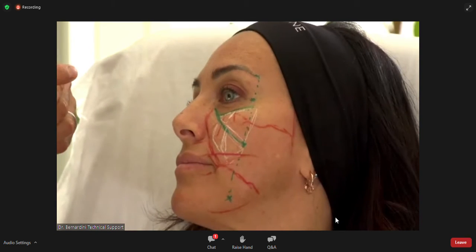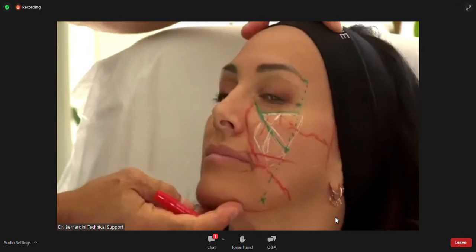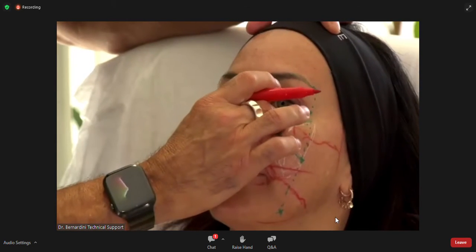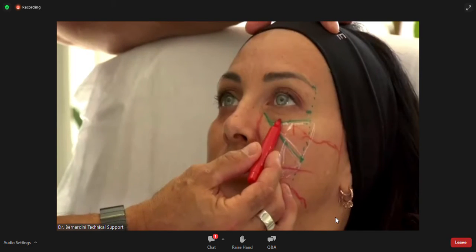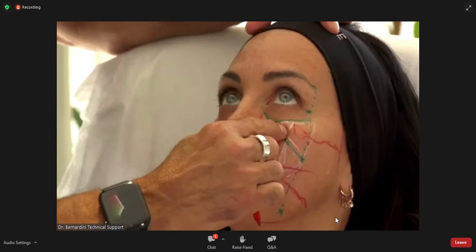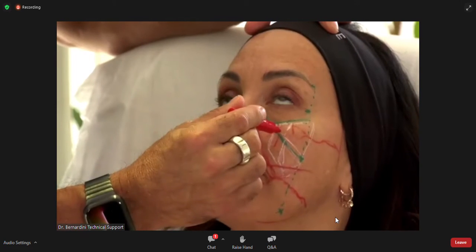Other arteries that we mentioned during the lecture: the infraorbital artery comes off 1 centimeter or 0.7 at the mid-pupillary line here. So I palpate here, I can feel a notch. So this is the artery.